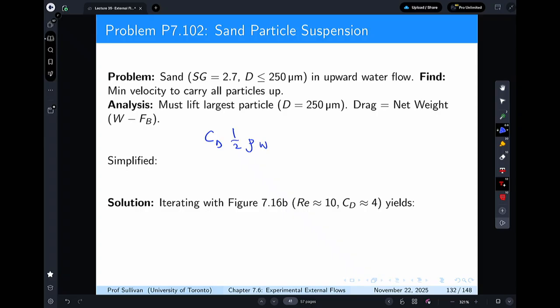Must lift the largest particle, which is 250 microns. So drag equals weight minus F sub B.